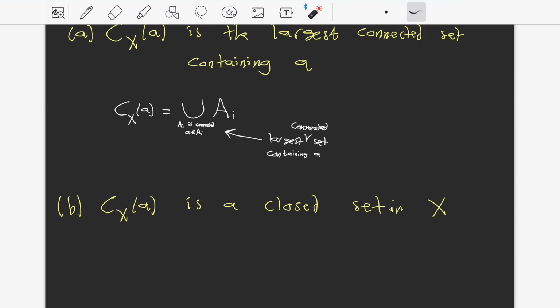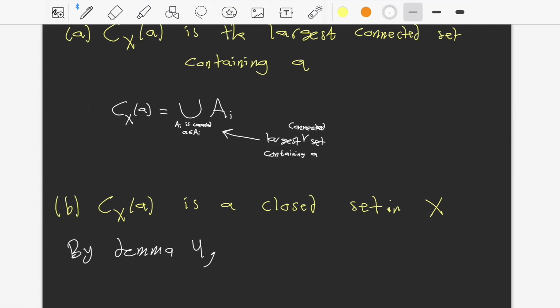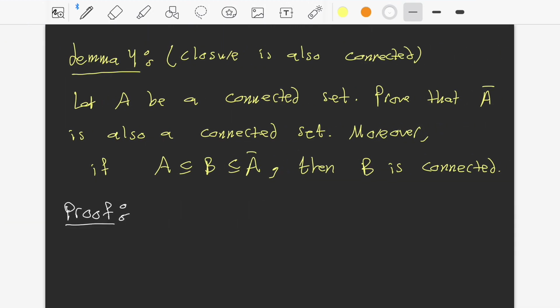Now, why is it closed? We will need to use a lemma, which is lemma number 4. So I will just write by lemma 4. What does lemma 4 say? In short, it says that if a set is connected, the closure is also going to be connected.